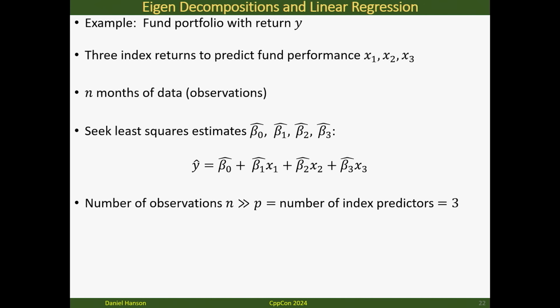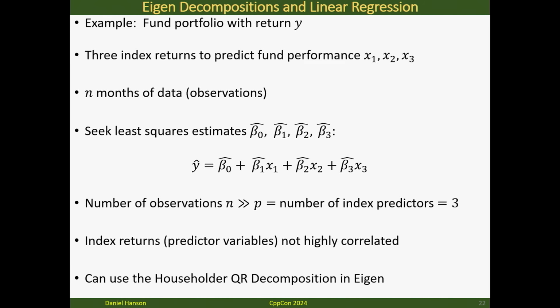So we're going to assume that the number of observations n is reasonably greater than p, and in this case, p is equal to 3. And we'll also assume that our index returns, the predictor variables, are not highly correlated. So in other words, the columns are taken to be linearly independent. So under these conditions, we can apply the Householder QR decomposition in Eigen.